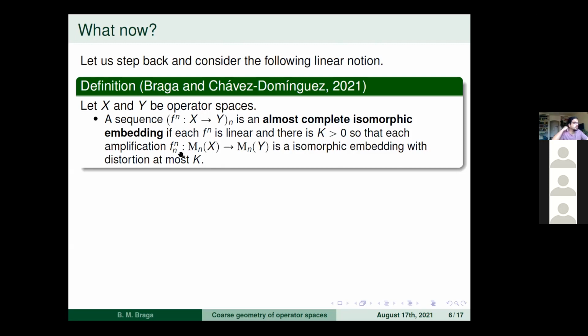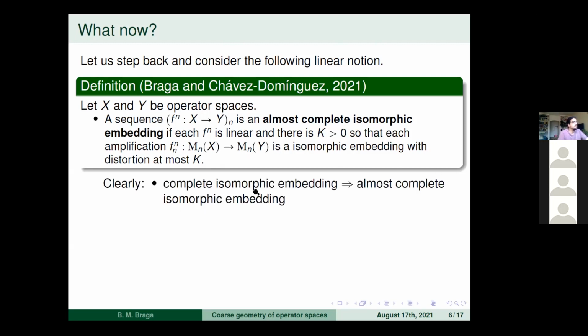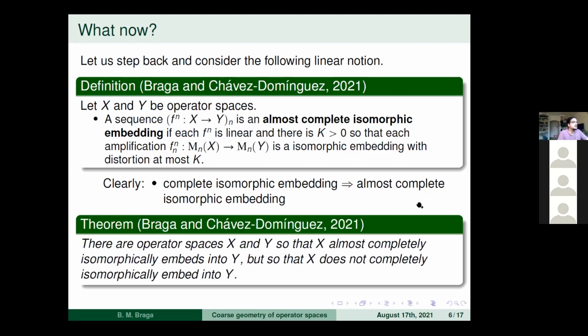Maybe the distortion will get very bad. That's a completely trivial remark. This is obviously, at least formally, a weaker notion than complete isomorphic embeddability, and actually it is strictly weaker. We can come up with examples of things which almost completely isomorphically embed, but do not completely isomorphically embed.